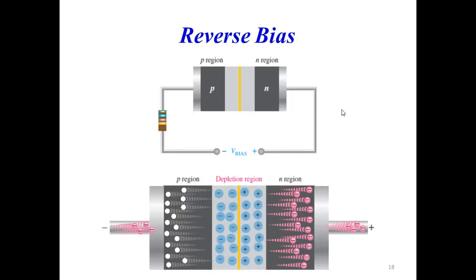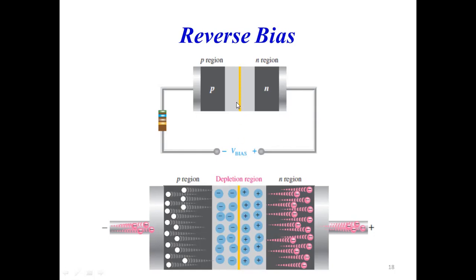Here, exactly opposite biasing you have to provide. The same PN junction is shown. This is the junction, and I am applying negative voltage to the P region and positive voltage to the N region. So what will happen? The holes which are present here, which are the majority carriers here, will be attracted towards the negative terminal, whereas electrons, which are the majority carriers here, will be attracted towards this positive terminal.